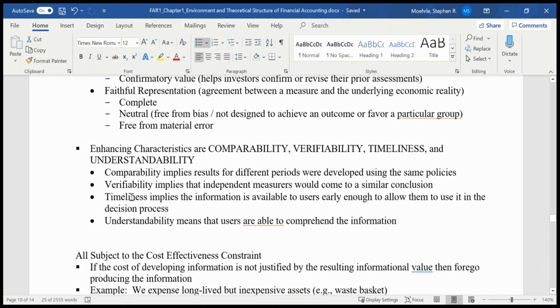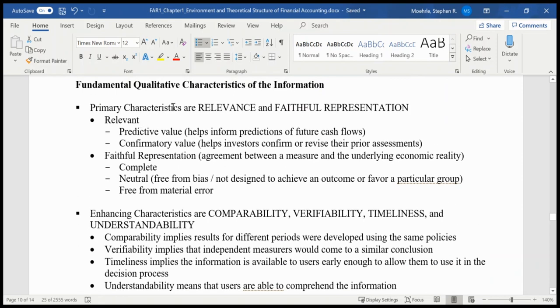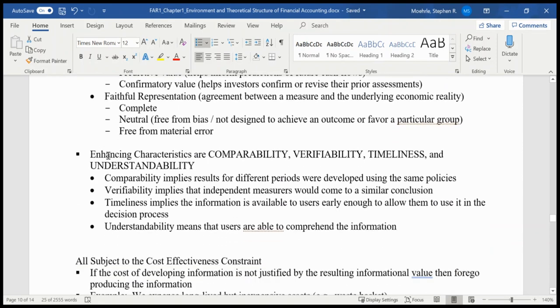So those are the primary characteristics. Here are some enhancing characteristics. The enhancing characteristics of financial information are comparability, verifiability, timeliness, and understandability. Comparability implies results for different periods were developed using the same policies.